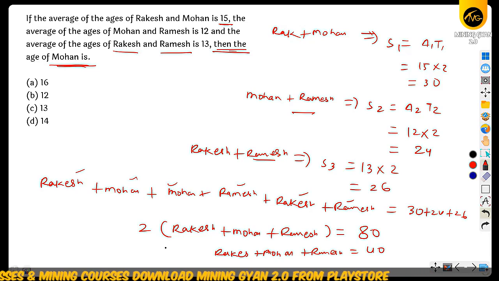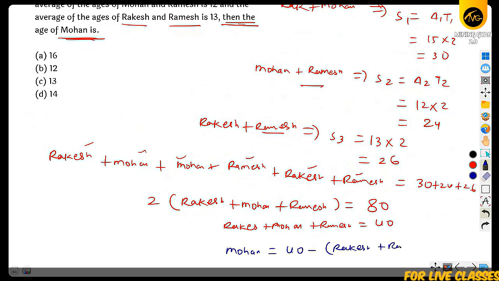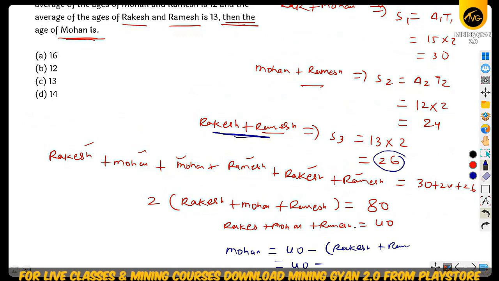Now what is the age of Mohan? We have to find out the age of Mohan. So Mohan is equal to 40 minus (Rakesh plus Ramesh). Rakesh plus Ramesh's age is 26, so 40 minus 26 is equal to 14 years.